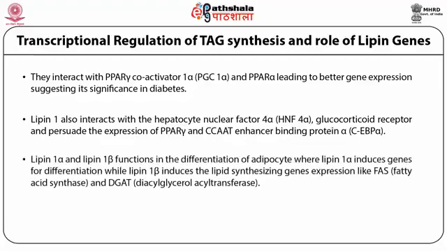Lipin 1 alpha and lipin 1 beta function in the differentiation of adipocytes, where lipin 1 alpha induces genes for differentiation, while lipin 1 beta induces the lipid synthesizing gene expression like fatty acid synthase and diacylglycerol acyltransferase.